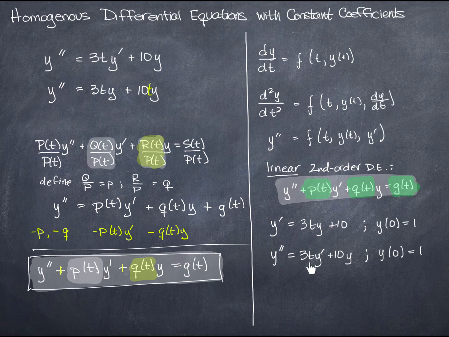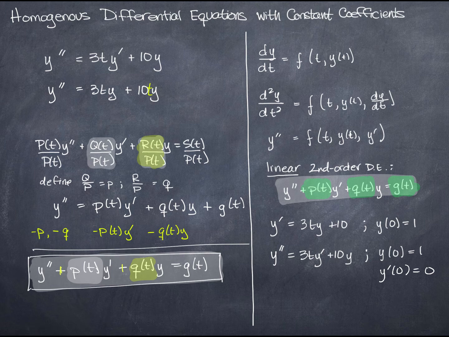In this case, I'm going to have to integrate twice. So in order to figure out what my constant of integration is, I'm going to need to know initial conditions like this to get from the first derivative back to the original function. But to get from the second derivative back to the first derivative, I'm also going to need a second pair of initial conditions, a second set of initial values.